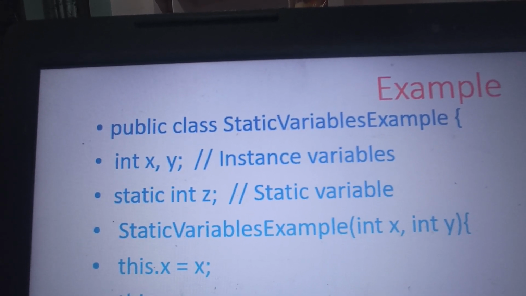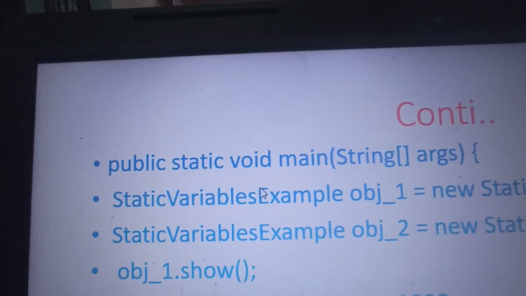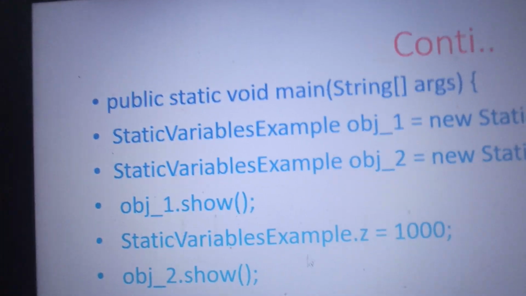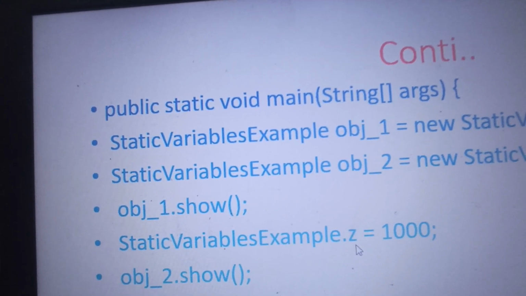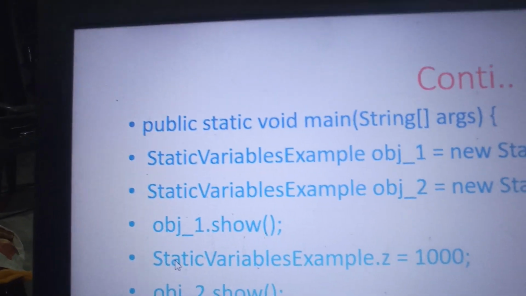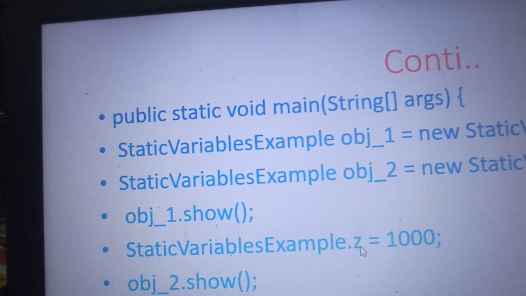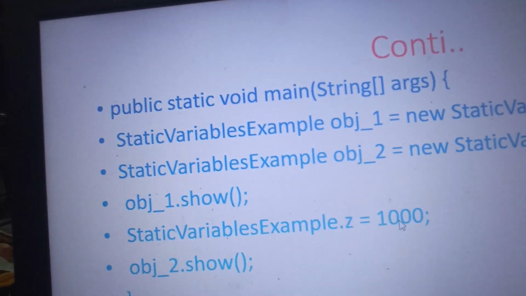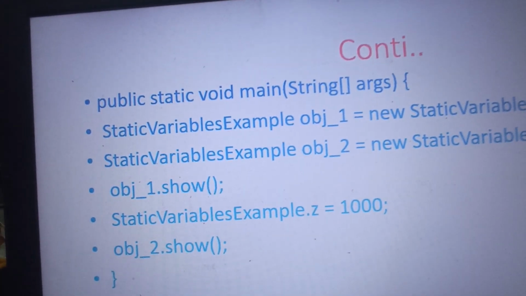What is the class name we are using? Static variables example, dot z. That z is the static variable name. This static variable is accessed by using the class name: class name dot variable name equal to some value. Like this we declare static variables or class variables.